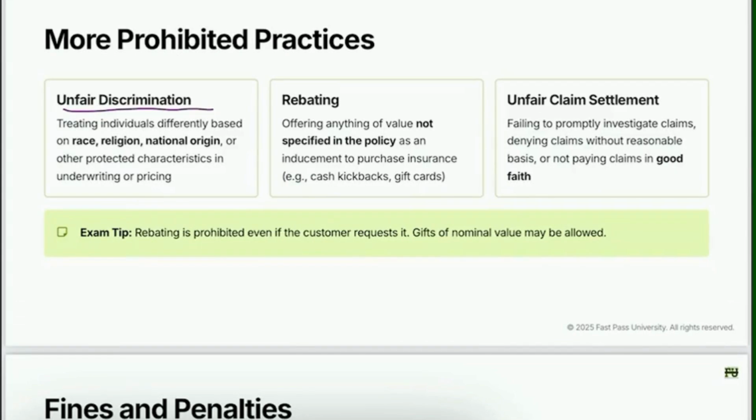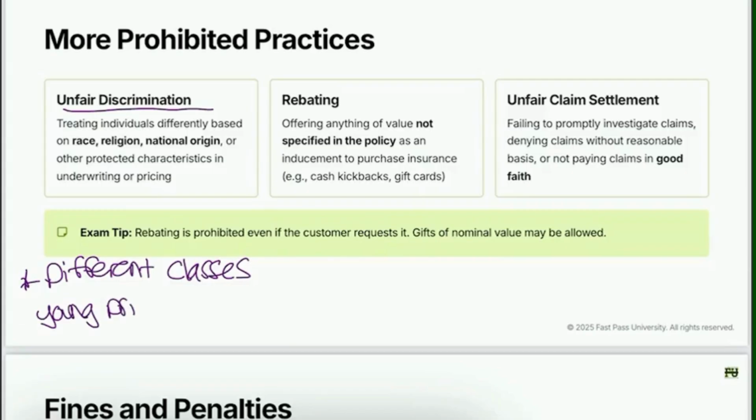Now, not meaning a racial class or religion class, things like that, but young drivers. All young drivers would be considered in the same rate class, maybe versus experienced drivers with good driving records. So those are considered the same rate class.